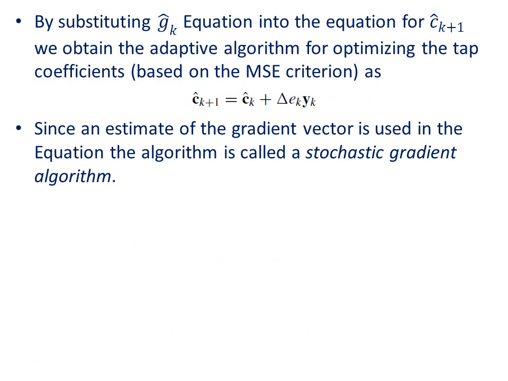Hence, by substituting the G_k hat equation into the equation for C_{k+1} hat, we obtain the adaptive algorithm for optimizing the tap coefficients, based on the MSE criteria, as C_{k+1} hat is equal to C_k hat plus delta E_k Y_k. Since an estimate of the gradient vector is used in the equation, the algorithm is called the stochastic gradient algorithm, and it is also known as the LMS algorithm.